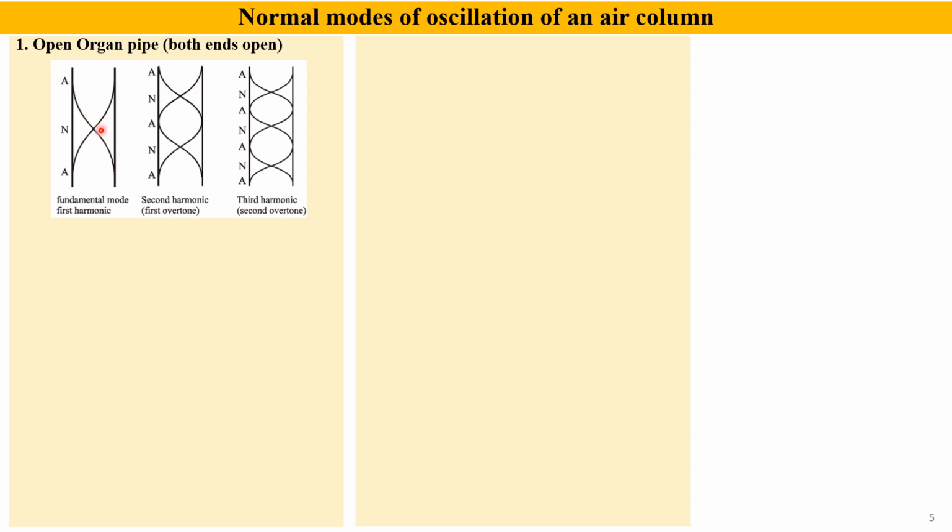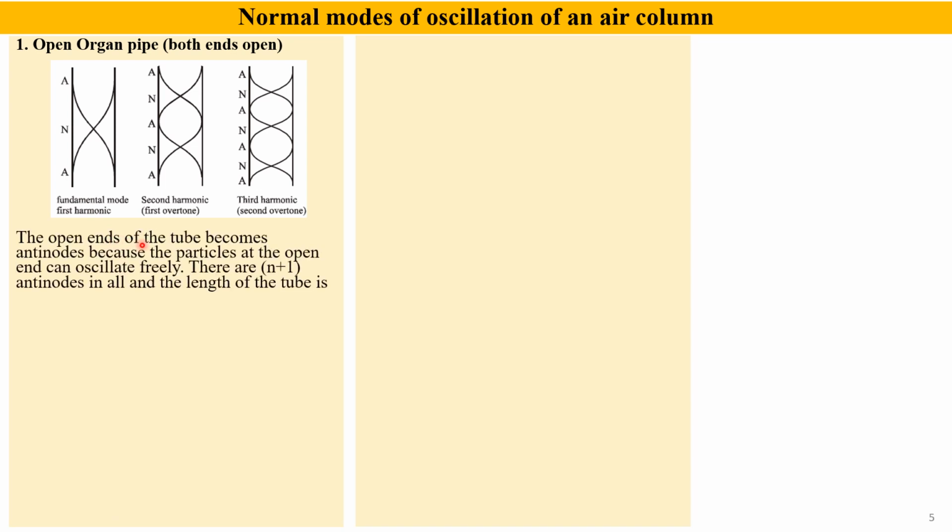Since both ends are open, the particles are free to oscillate, hence the amplitude is maximum and these are antinodes. In between the two there is a node. We also know from our previous discussions that the distance between two antinodes is a multiple of lambda by 2, half lambda.